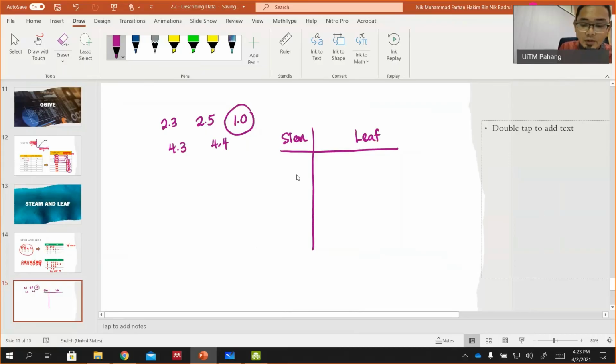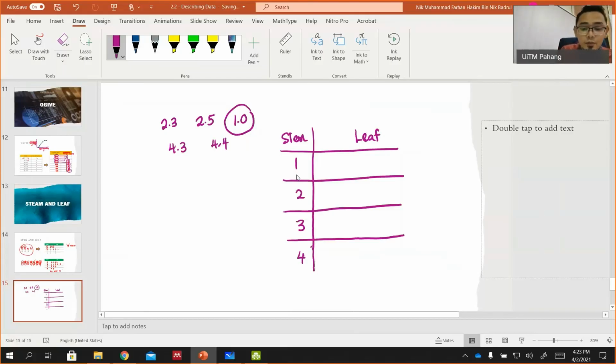So you should start with 1, after 1, of course, 2, after 2, of course, 3, after 3, of course, 4. Right. So for 1 it is actually 1, 0. You just have 1, 0. 2.3 and 2.5. 4.3 and 4.4.